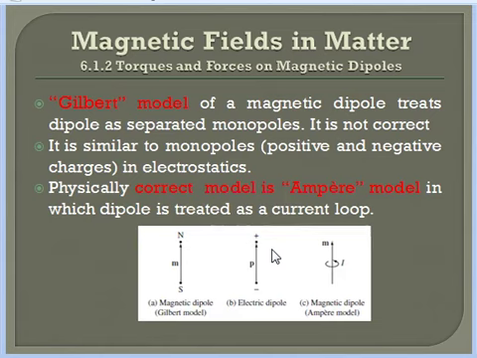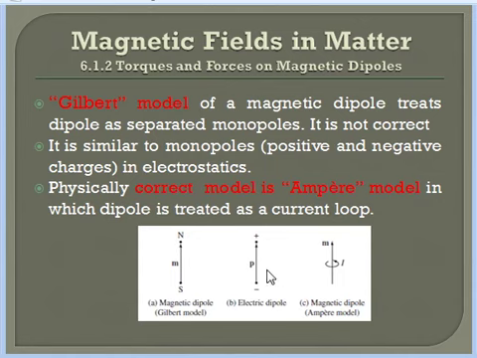In early periods, the physicists were thinking about the magnetic dipole as consisting of two poles, south pole and north pole. So this picture of a magnetic dipole containing two isolated monopoles is called the Gilbert model. And you know that the Gilbert model is not correct because isolated magnetic monopoles cannot exist.